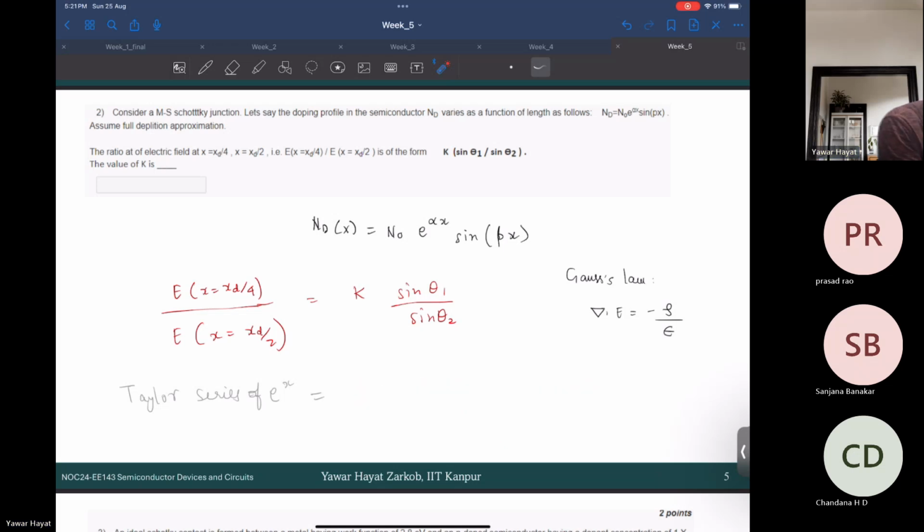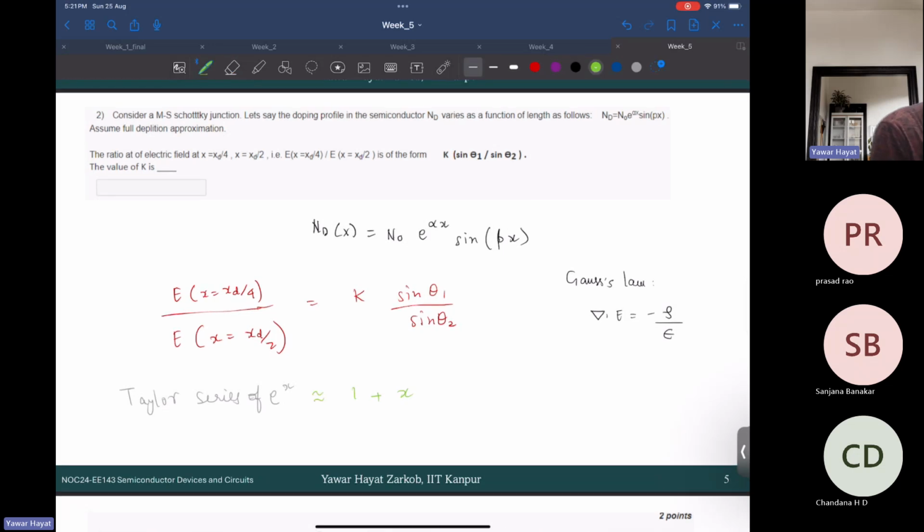So, if we take only two terms, it's 1 plus x. The full series is 1 plus x plus x square by 2 factorial plus x cube by 3 factorial and so on, but I'll only take the first two terms. This is actually a good approximation, especially when x is small.